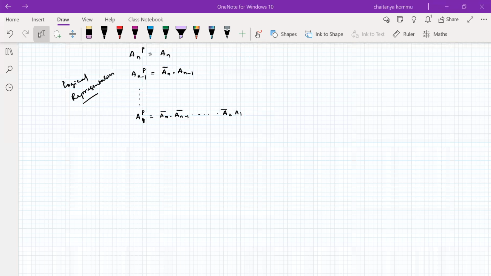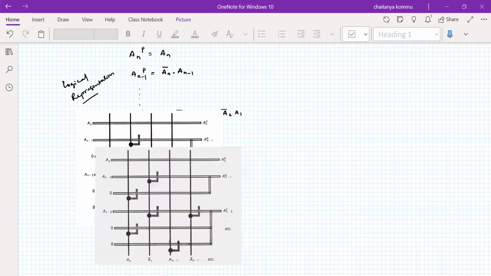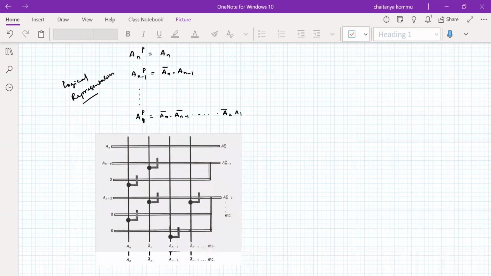Directly, the stick diagram is given in pass transistor notation. Please understand that. I will tell you what exactly this is. The pass transistor implementation is done here. This is actually a stick diagram. So what does it mean here?